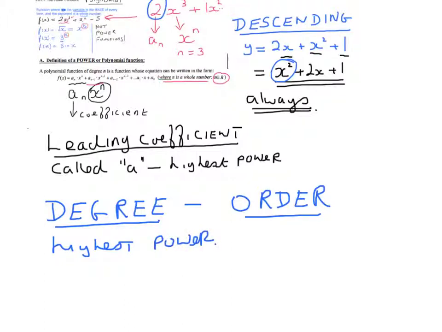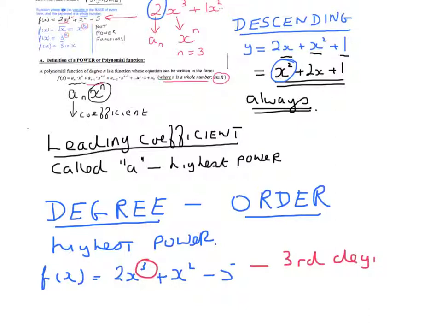So, for example, if f of x is equal to 2x cubed plus x squared minus 5, the highest power here is 3, and this is a third degree or third order, otherwise known as cubic.